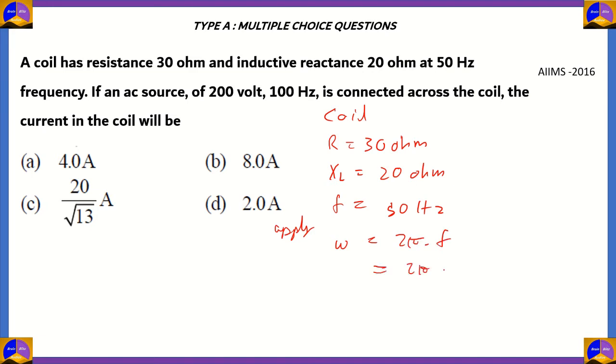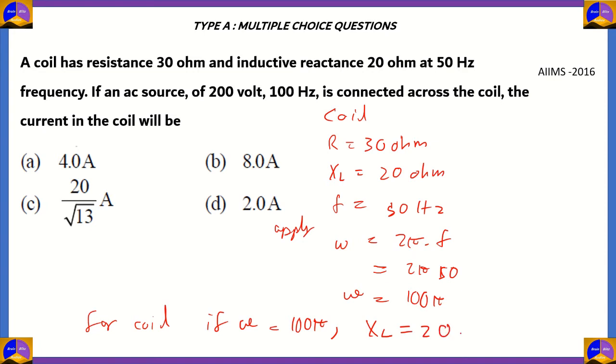So it'll be 2 pi times 50, which is equal to 100 pi. For the coil, if omega is equal to 100 pi, then the value of XL is equal to 20 ohms.